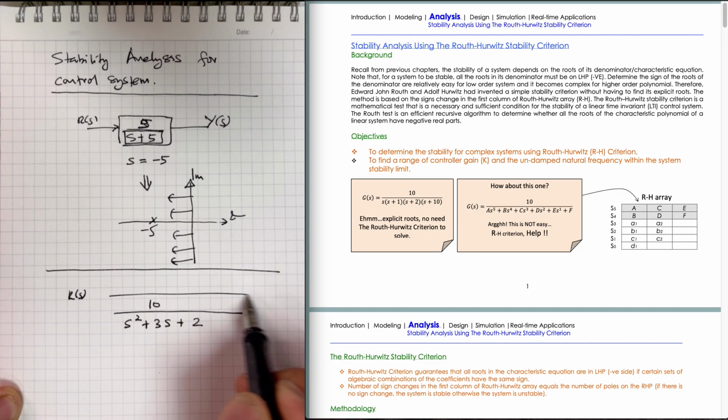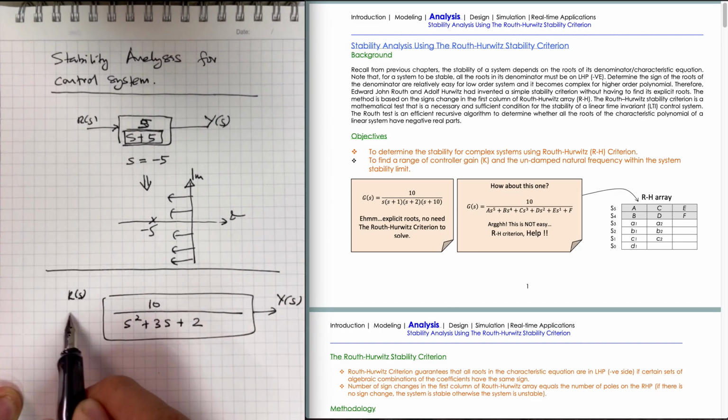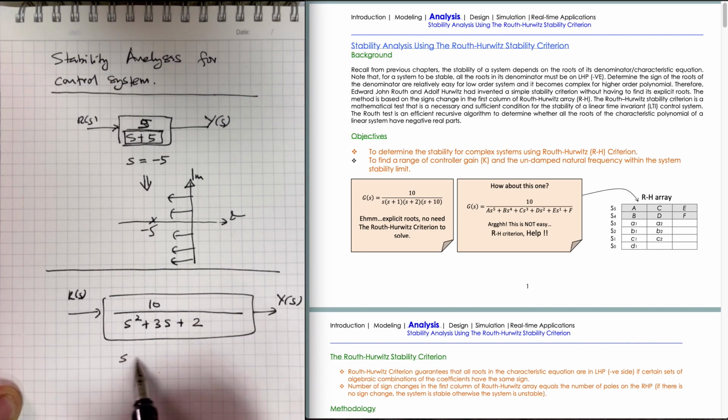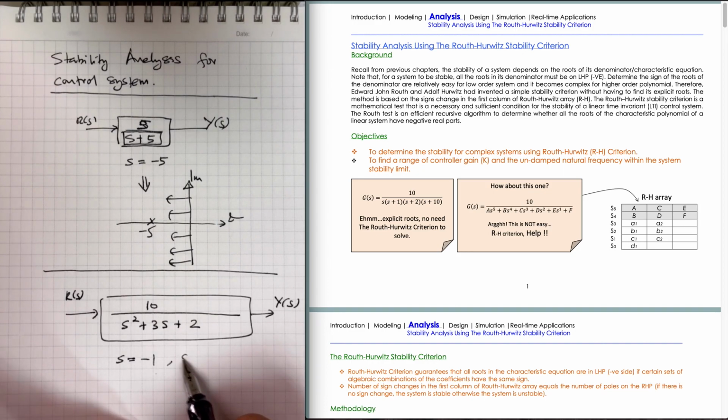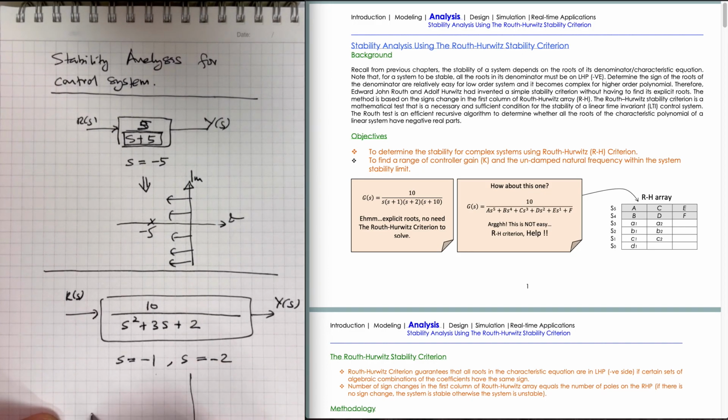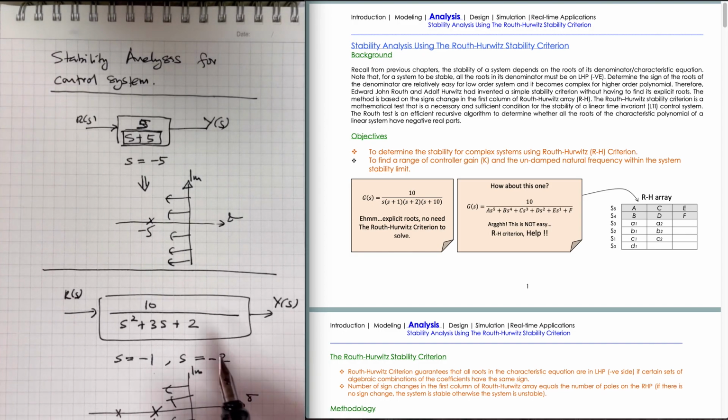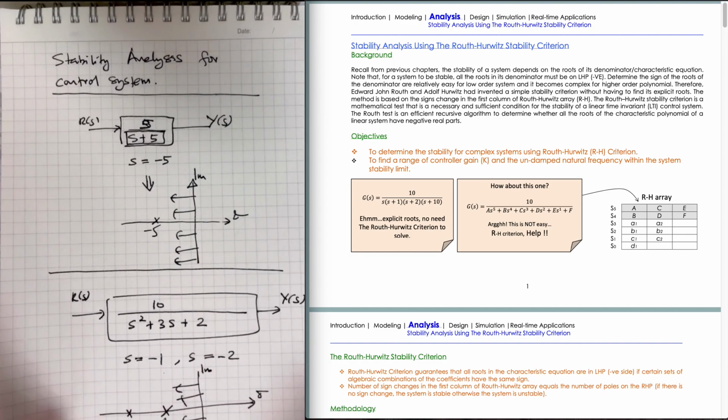Then we can still find the roots: s equal to -1 and s equal to -2. Still stable, right?